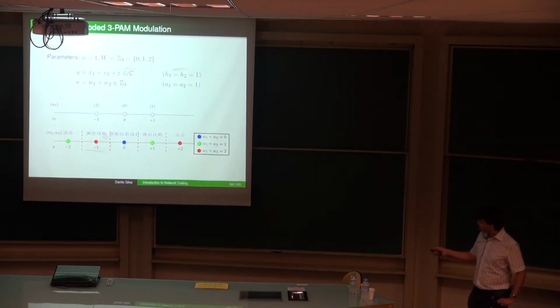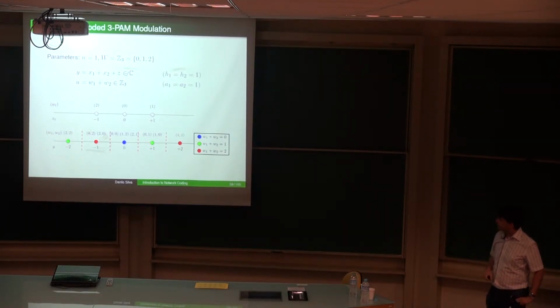The reason is that when we look at the constellation as a receiver, we get these 5 points. At some of them we have ambiguity, but the ambiguity is resolved if we compute this linear combination, which is the summation in the set Z3.